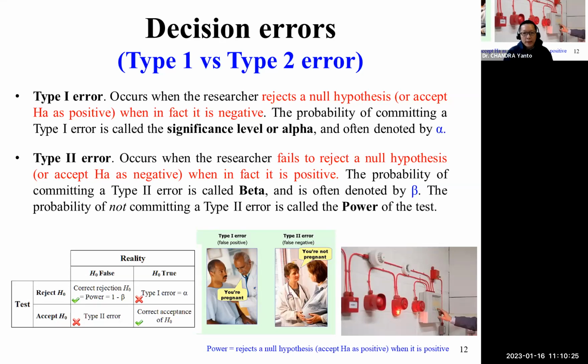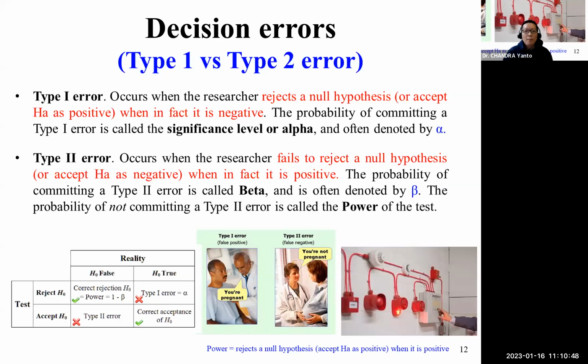Another type of error is when there is actually a fire in the building, and the fire alarm didn't work, and you sit there. All of us are still in the building, and suddenly someone screams, "Guys, there's a fire! Let's get out of the building!" And we all rush out of the building. And you say, "What happened to the fire alarm?